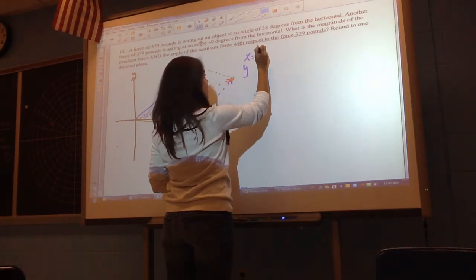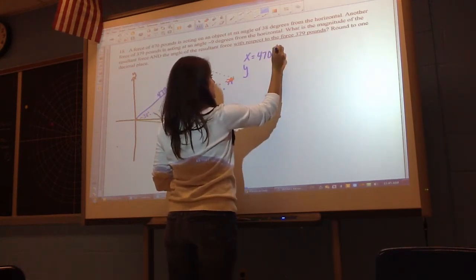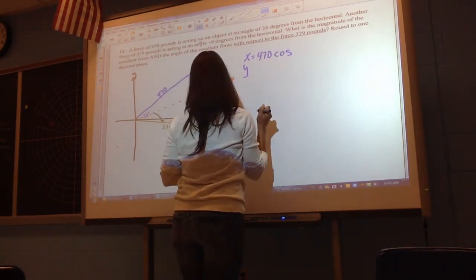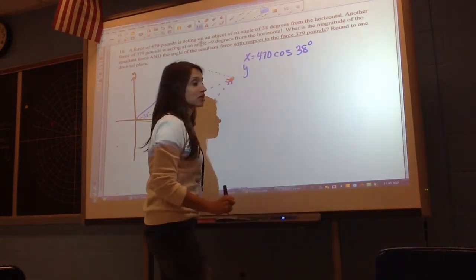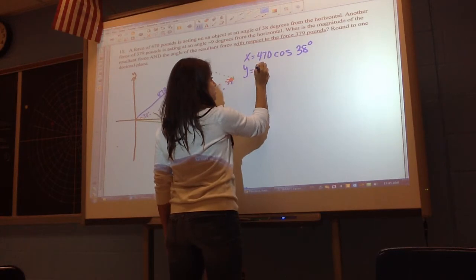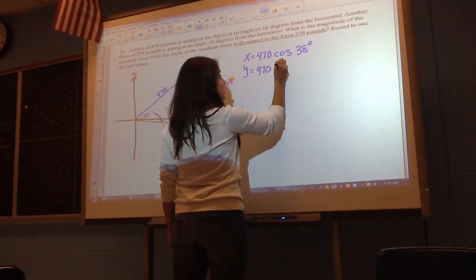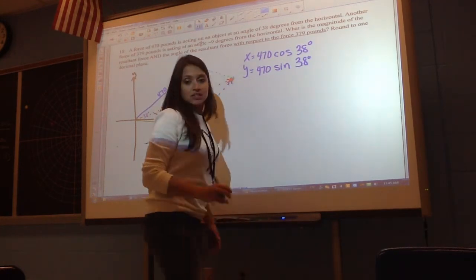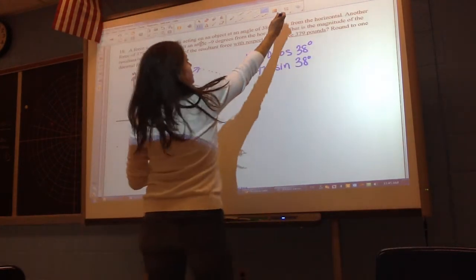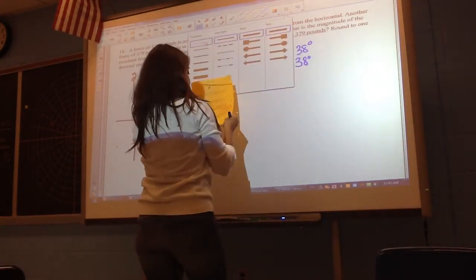X is the magnitude, 470, times the cosine of my direction angle, which was 38 degrees from the horizontal, so I can just write 38 degrees. Y is the magnitude times the sine of my direction angle, which is 38 degrees. In component form, I've already calculated these.